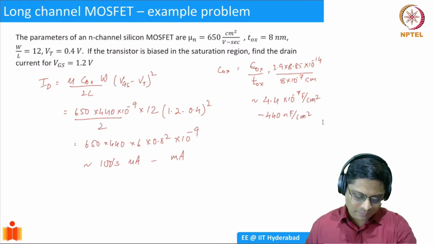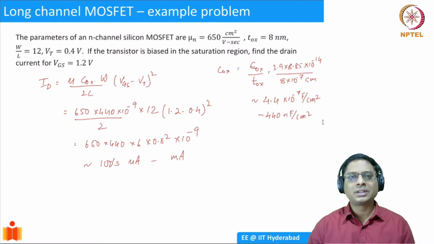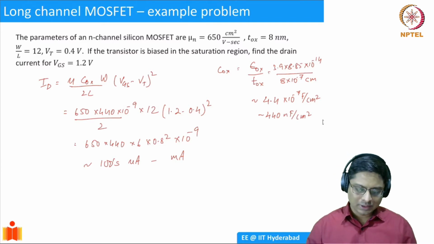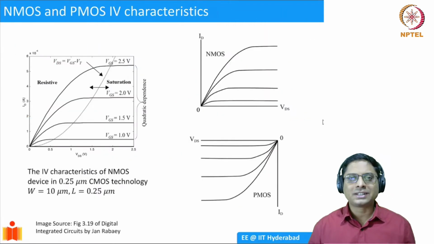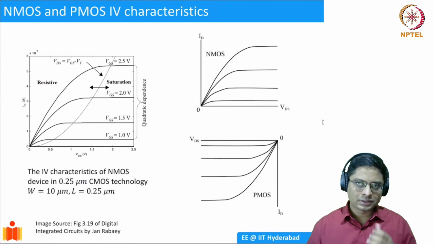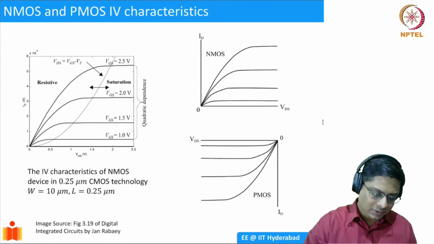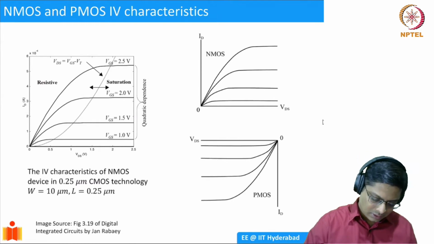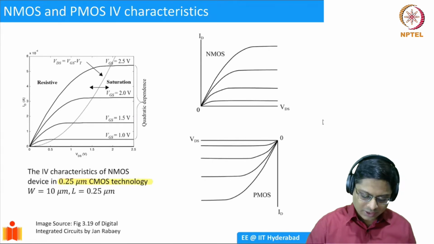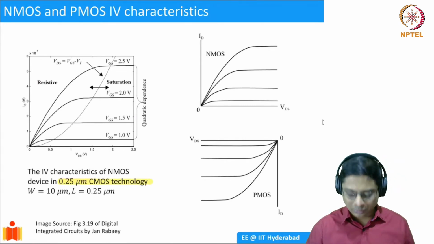So this is a typical number for a MOSFET, and I told you that I'll show you the exact drain current calculated for a CMOS technology. This is basically what we refer to as 0.25 micron CMOS technology. I'll explain that when I discuss scaling more.